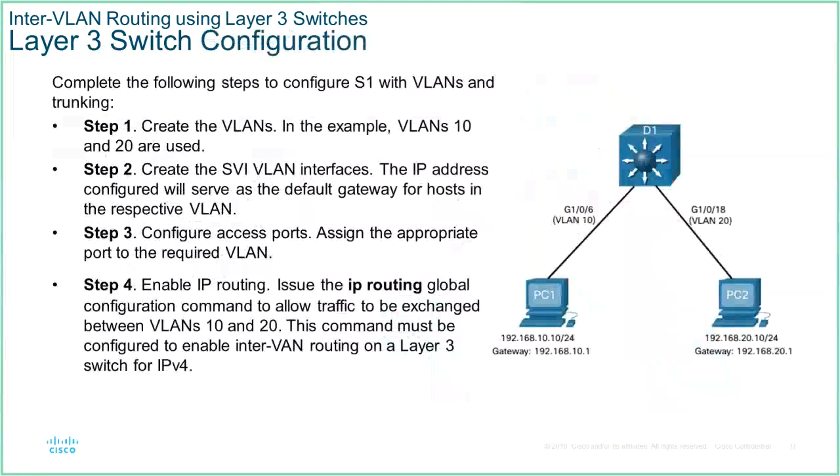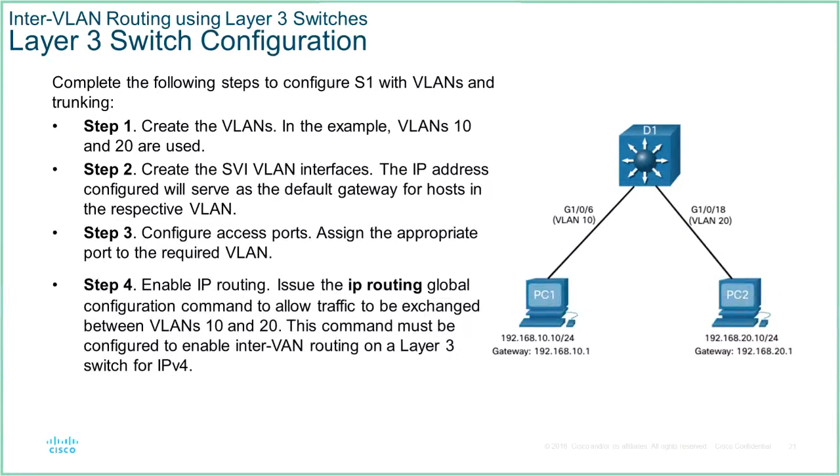So the steps are create the VLANs, just like we would do on a normal switch. Create all the switch virtual interfaces on the multi-layer switch, and then configure the access ports, assigning the appropriate VLAN numbers to the ports.